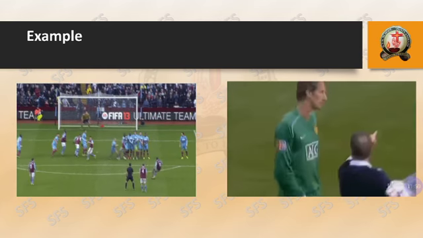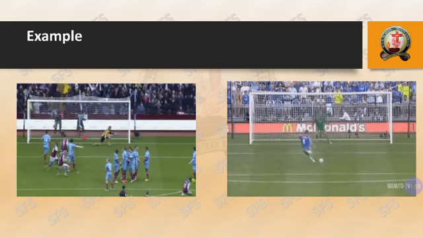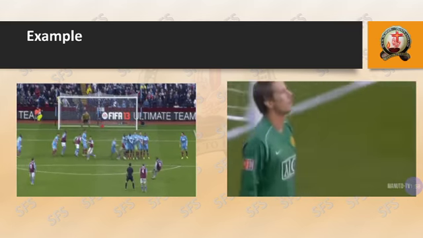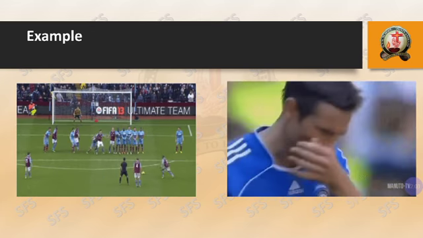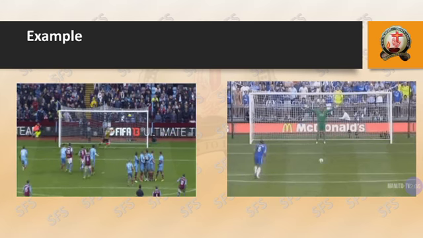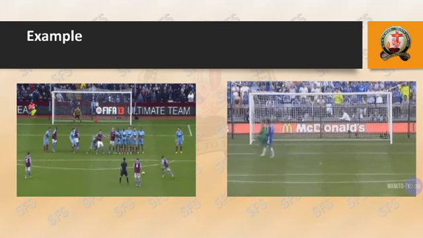Whereas I'll quote another example, you can see this here. When the player is kicking the ball, the goalkeeper managed to stop the ball. So instead of hitting the goal, the ball stopped or moved in some other direction.